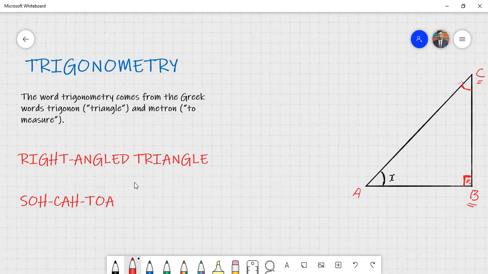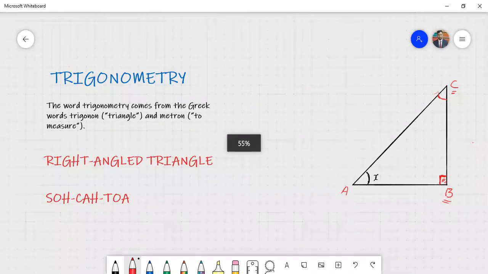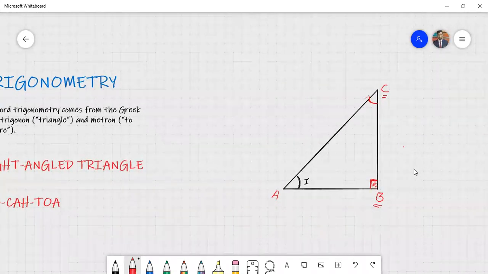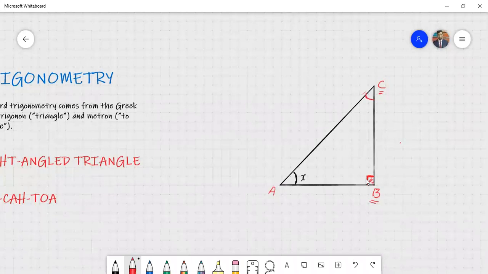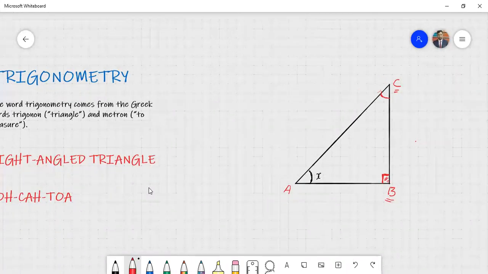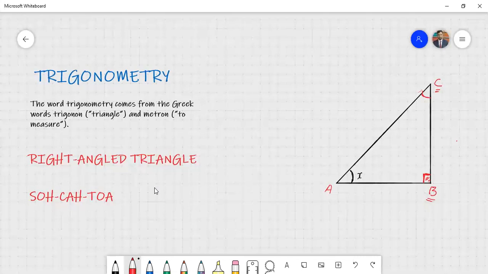Right angle means a 90-degree angle. When two perpendicular lines intersect each other at a point, the angle formed at that point is known as the right angle.